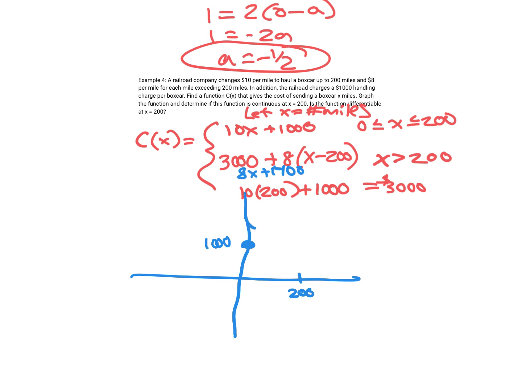So something way up here. And then greater than 200, when I put 200 into 8x plus 1,400, I get 1,600 plus 1,400, which will connect. And then the slope isn't as steep, so something like this for that line. So it is continuous, but because we have a corner situation, it's not differentiable.